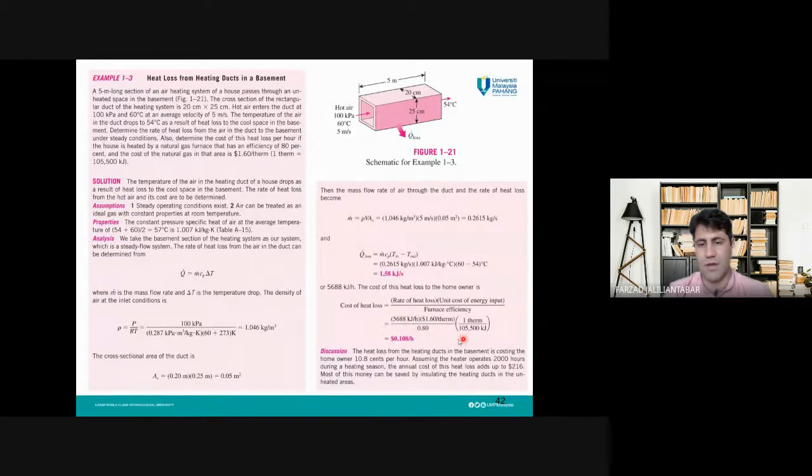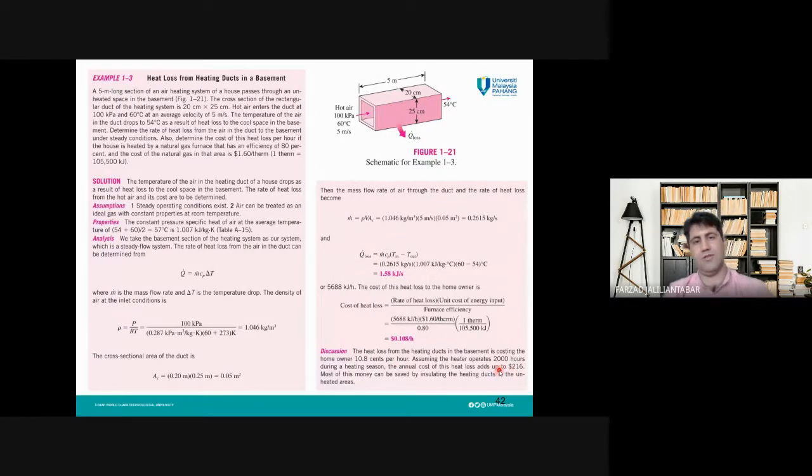If we substitute all of this information in this equation and do the calculation, finally, the cost of heat loss from this duct in the basement is $0.108 per hour. So each hour we have about 0.1 dollars, or 10 cents, loss of money actually due to poor installation of these ducts. And it is mentioned as well here, 10.8 cents per hour we are losing due to this heat loss from this duct.